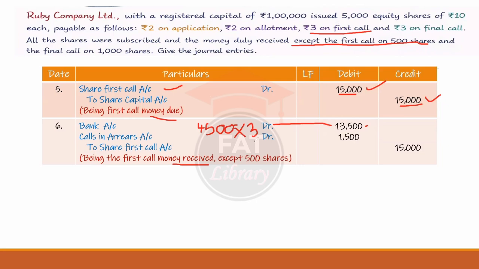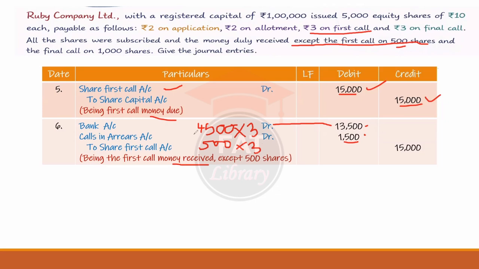And what happened now? How many shares are they not receiving? 500 shares they are not receiving. So 500 shares multiplied by 3 rupees is nothing but 1,500 rupees. Or the balance also you can do 15,000 minus 13,500. The balance is 1,500. 1,500 rupees they are not receiving.